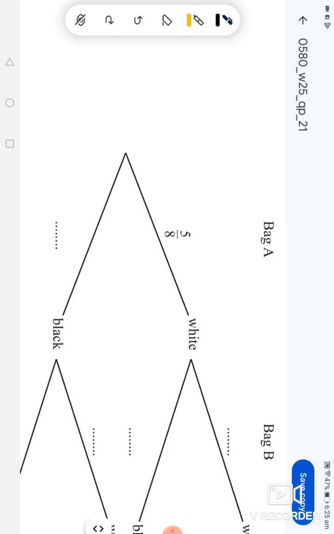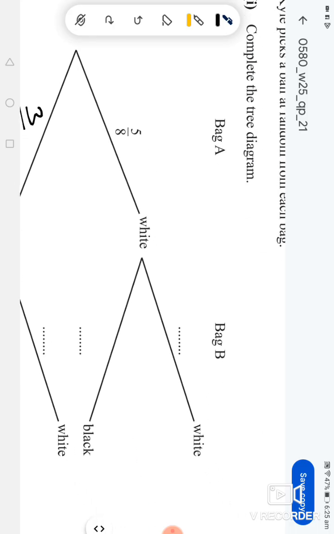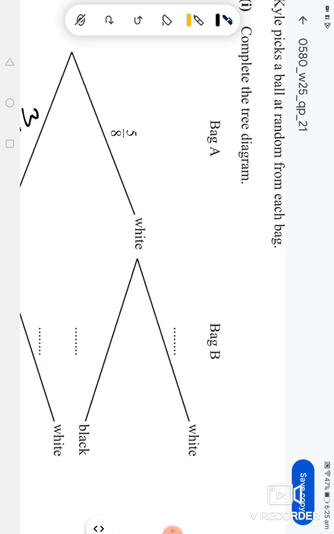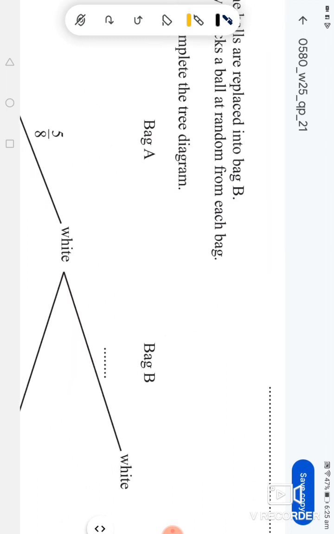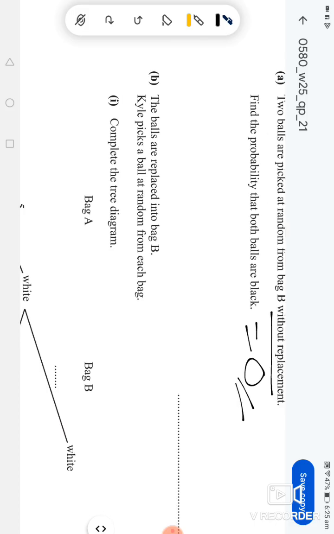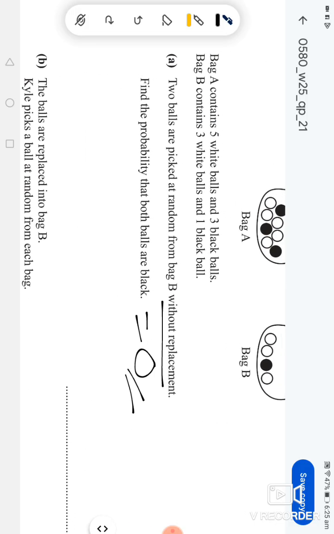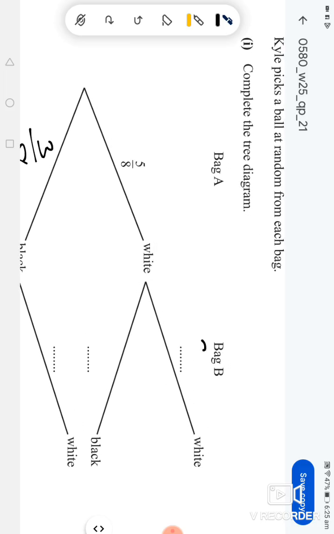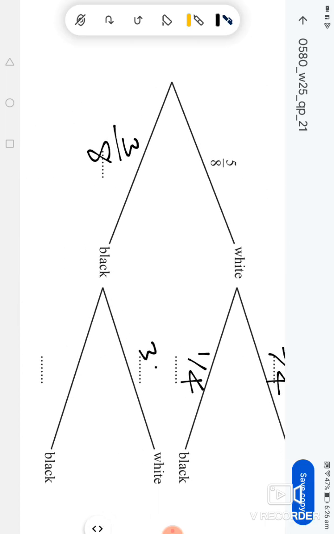So for bag A this is 5 by 8 and that is 3 by 8, and for bag B this is 3 by 4, so that is 1 by 4. That is also 3 by 4 and 1 by 4.